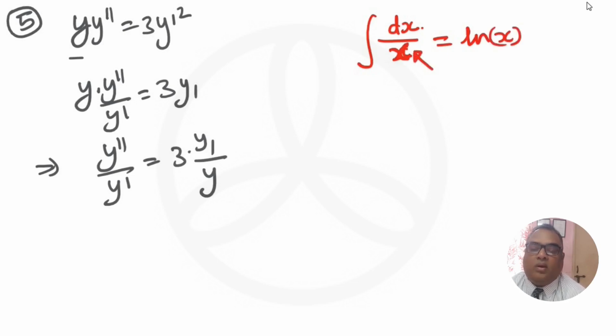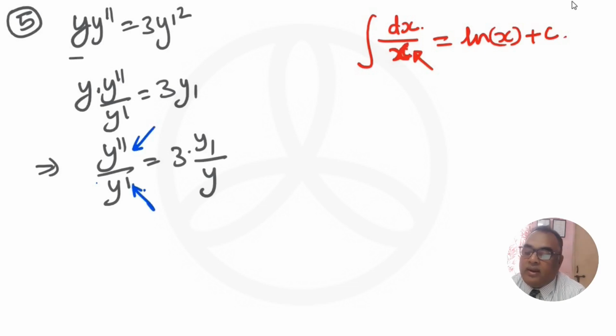This is the rule. Now if we assume y prime as x, then y double prime is nothing but the first derivative of y prime. If we apply integration here, we will get what?